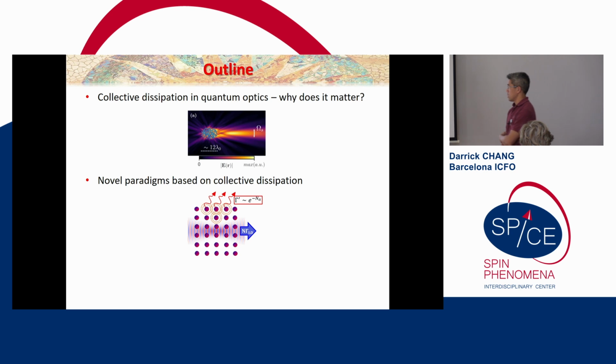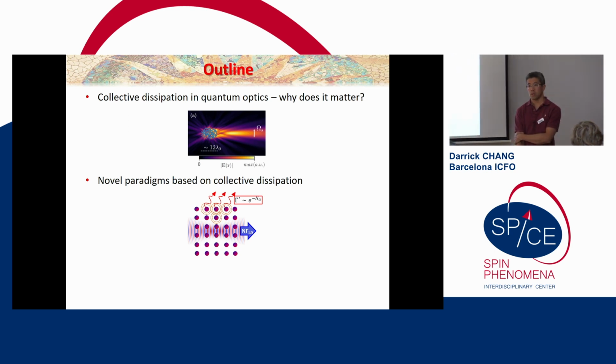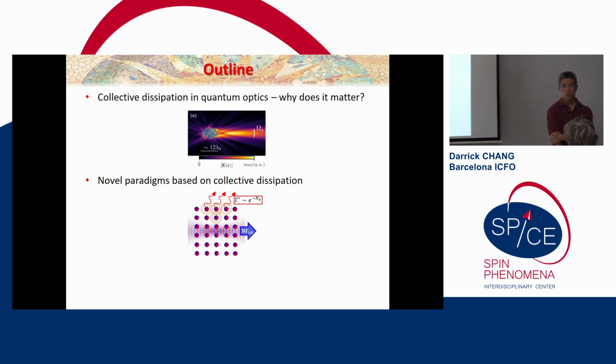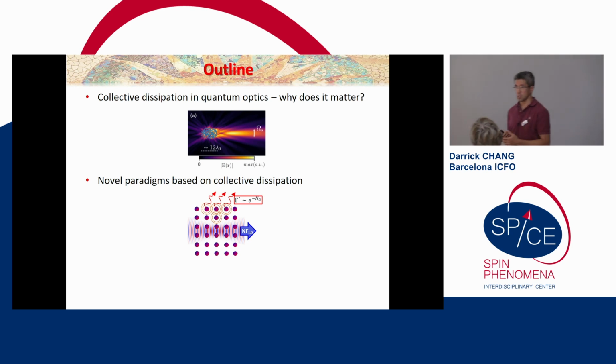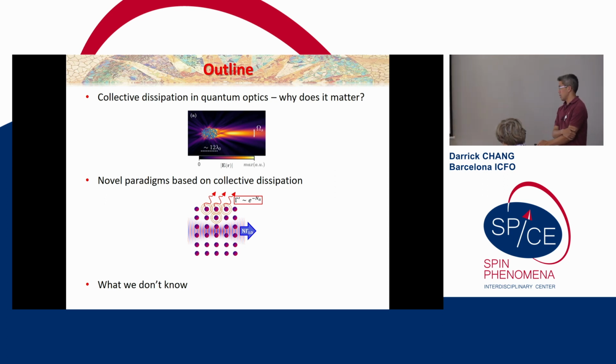And then I'll talk about novel paradigms, some of the ones that we know so far, to realize processes of interest, let's say for quantum information processing, that explicitly utilize collective dissipation in atomic systems. And then at the end, I'll also try to cover what we don't know yet about the field, which I think really is still a lot of things. But I think that's where the most exciting frontiers lie at the same time.